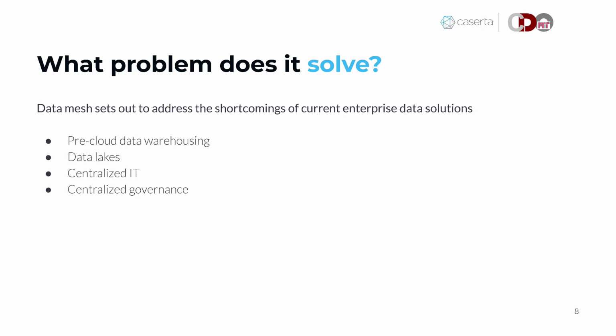And so, rather than refactor the data warehouse, putting the data mesh philosophy and architecture on top of it has been her go-to solution. If you have a fully functional data ecosystem on the cloud that works, you may not need a data mesh.